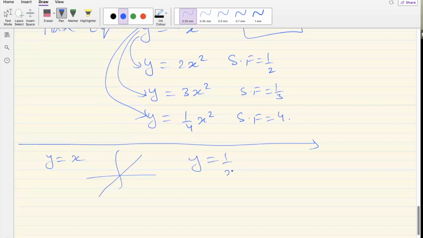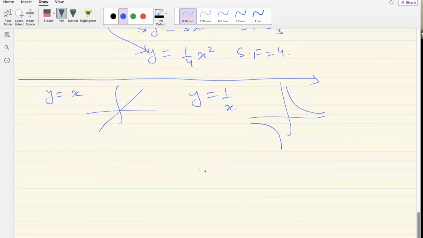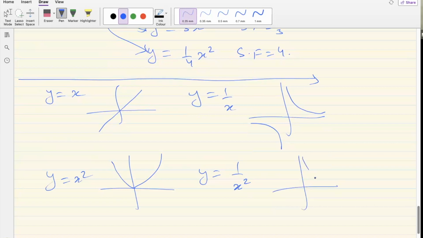Y is equals to 1 over x, if we consider only positive, is this, and negative results like this. Compare this with y is equals to x square. The sketch is this. This was in O levels. And y is equals to 1 over x square, reciprocal graph, is this. Wherever you see the curve not touching the x-axis or y-axis are asymptotes.